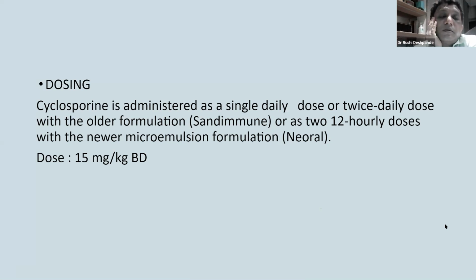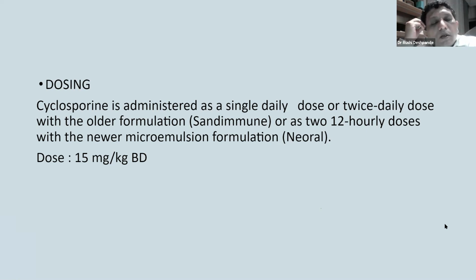Previously, we used to use the trough levels, what is also referred to as the C0. But for the last 15-20 years, C2 is defined as the standard of care, and C2 is the best predictor of the AUC for cyclosporin, the area under the curve. So cyclosporin level at exactly 120 minutes after the ingestion of the dose predicts the bioavailability of cyclosporin the best, and that is used for monitoring of cyclosporin.